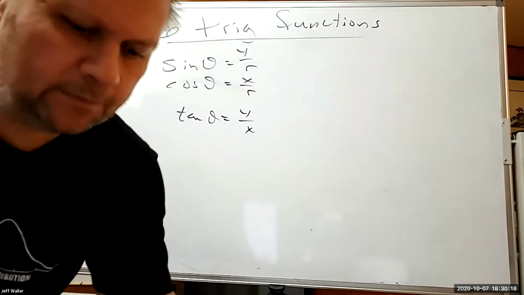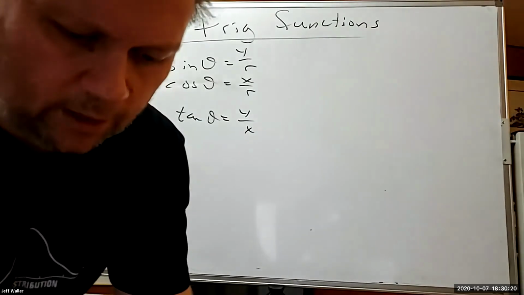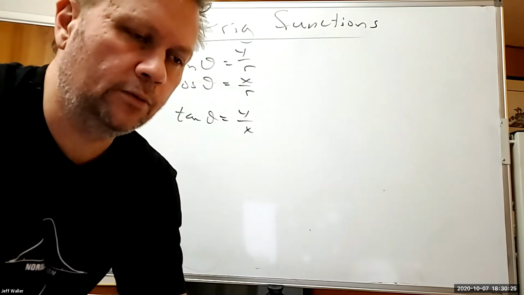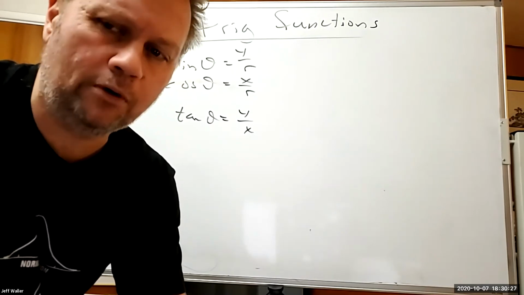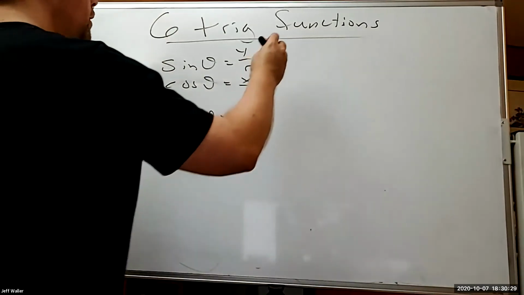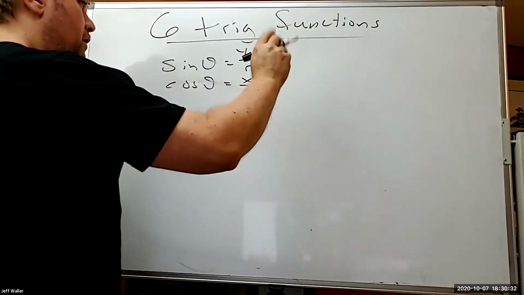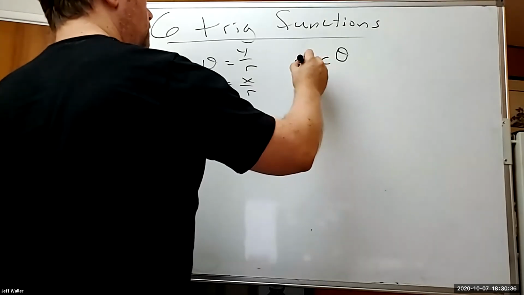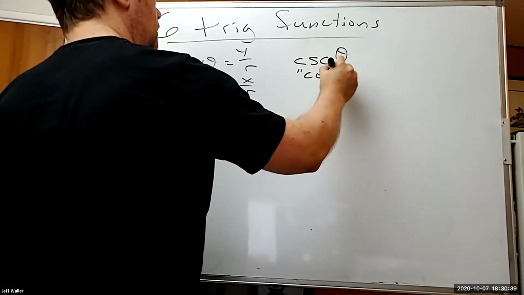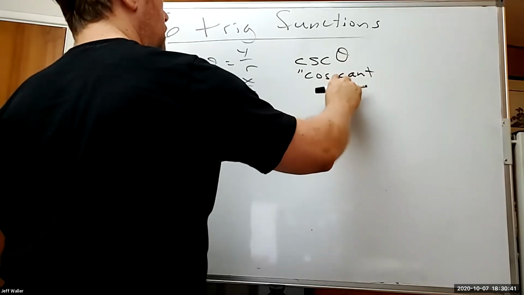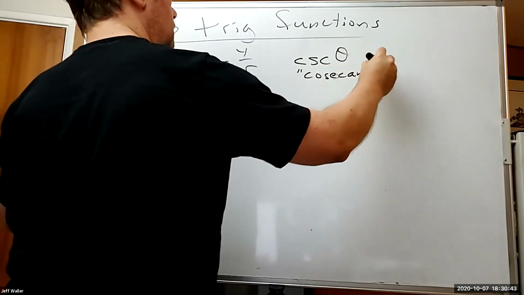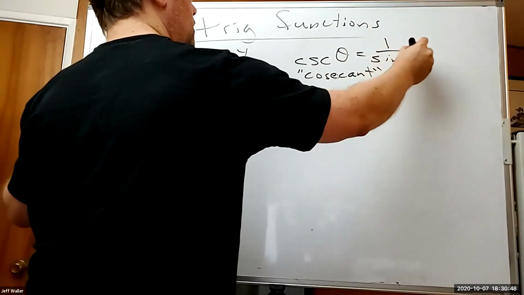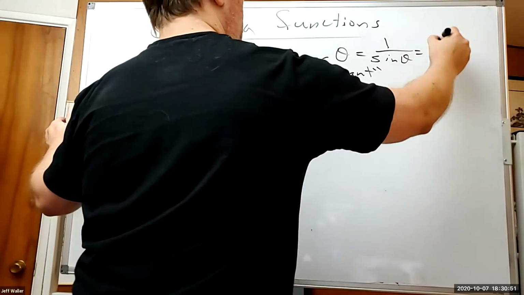And then, now this seems kind of silly, maybe, I don't know, but we have defined their reciprocal functions. So in the book, you're going to see reference to the reciprocal functions. And this is really interesting. There's something called the cosecant. The cosecant of an angle is 1 over the sine of the angle. So that would be r over y.